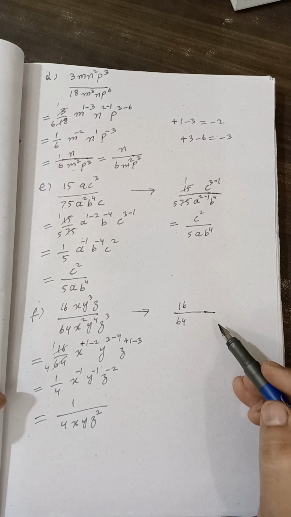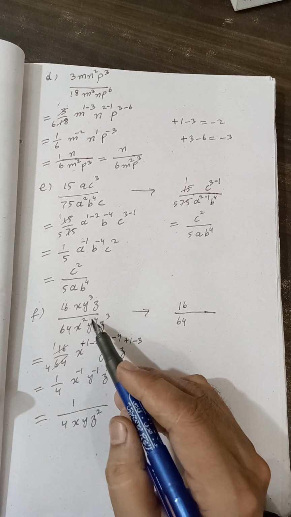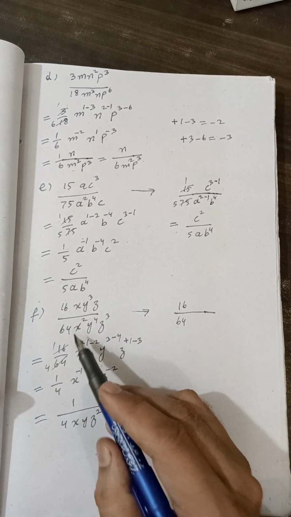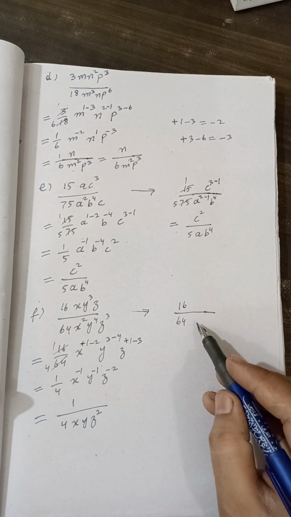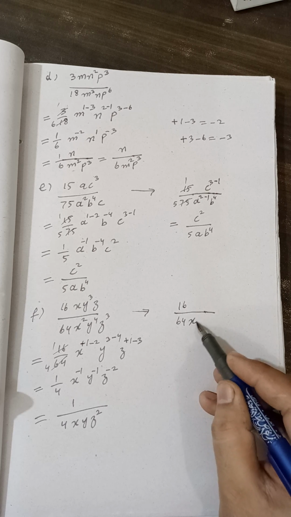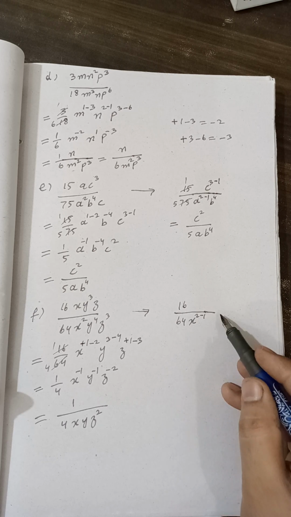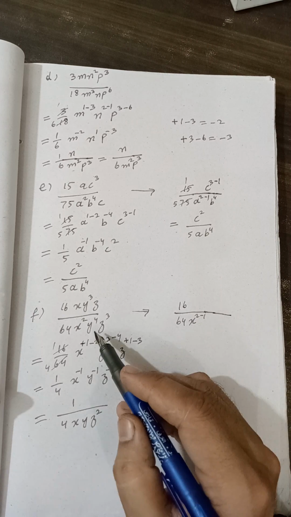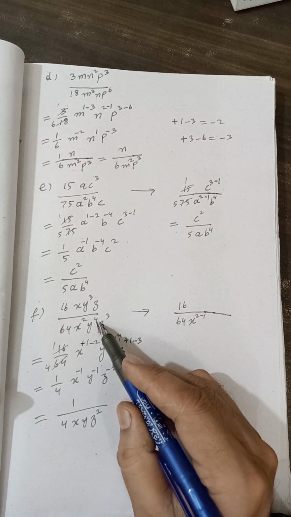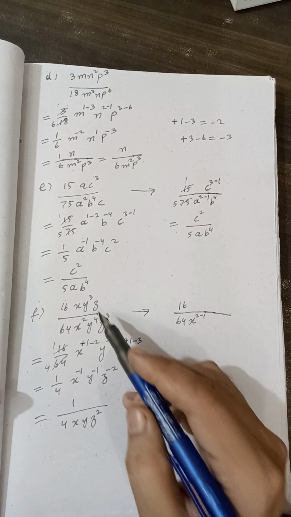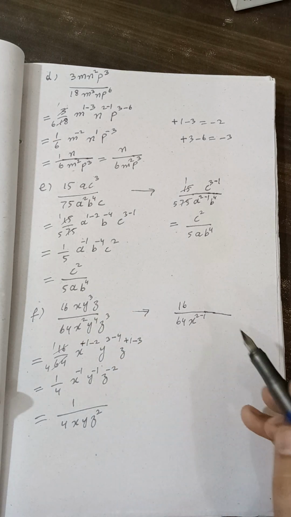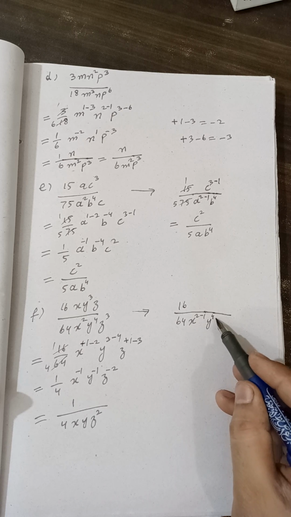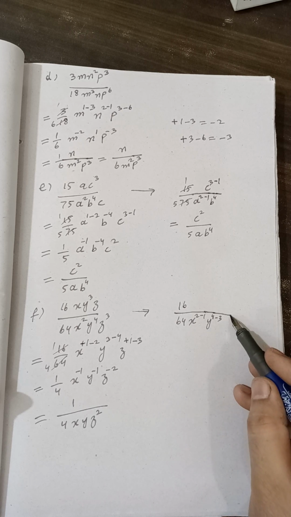Now think about exponents. X has 1 degree in the numerator and 2 degree in the denominator, so you will move to the denominator 2 minus 1. And for y, there is y raised to power 4 in the numerator and y raised to power 3 in the denominator, so you will move to the denominator, y4 minus y3.